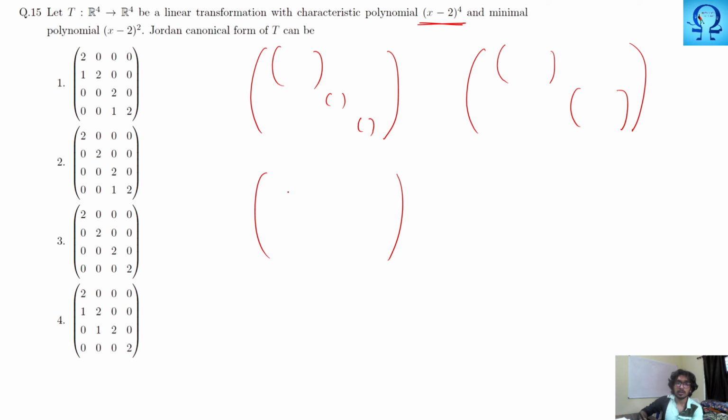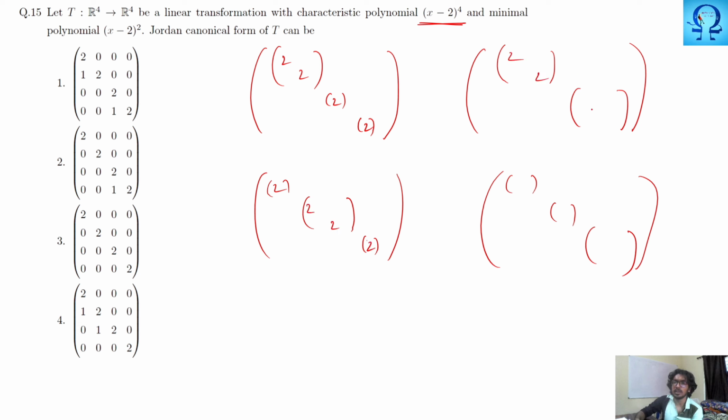Okay, so these are the options, like we can have like this. So the diagonal entries we will have are 2. In all the possibilities we can have, we will have 2 in the diagonals, and in the 2 by 2 block we may have a 1 either at this place or in this place.